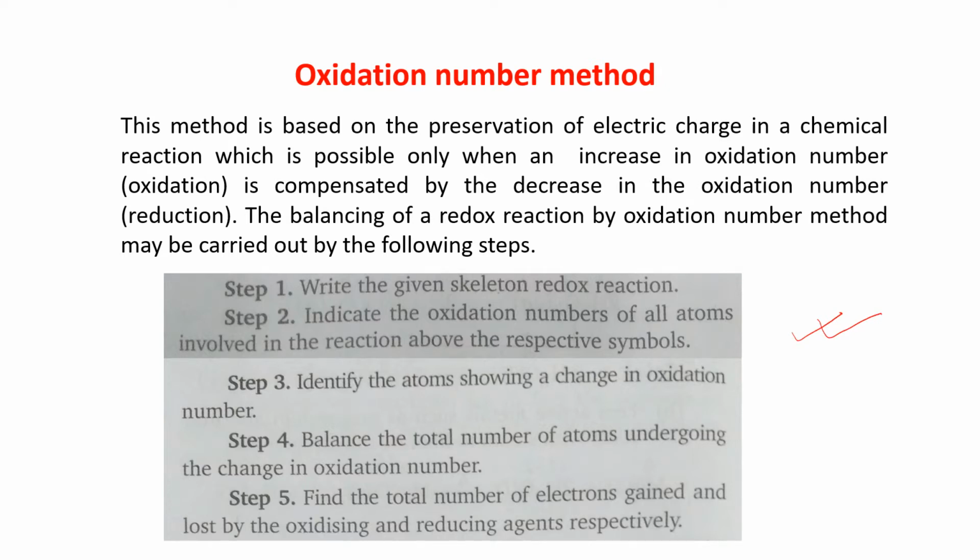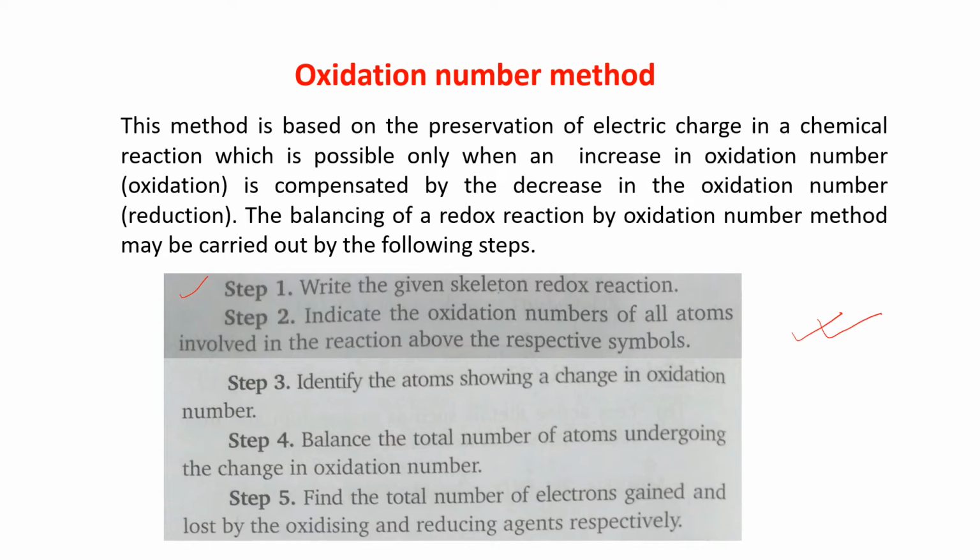There are several steps for balancing a redox reaction through oxidation number method. So let me first discuss what steps are required. Step 1: write the given skeleton redox reaction. That means whatever reaction is given to you, first you write down that reaction.